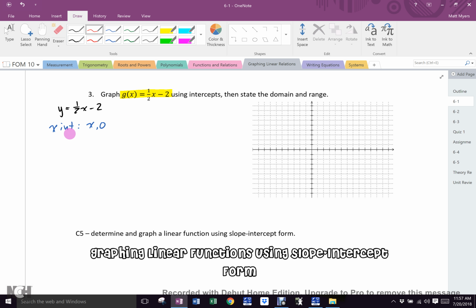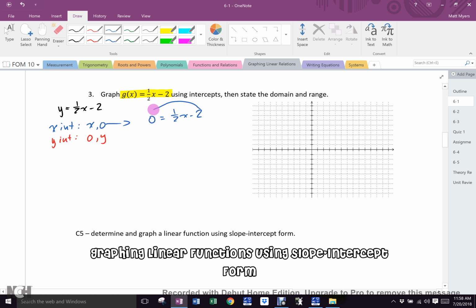What is every single y-intercept? 0, y. How do I work this one? Where do those two values go if I am working with this? X goes for x, 0 goes for y. 0 equals 1/2 x minus 2. How do I solve that?